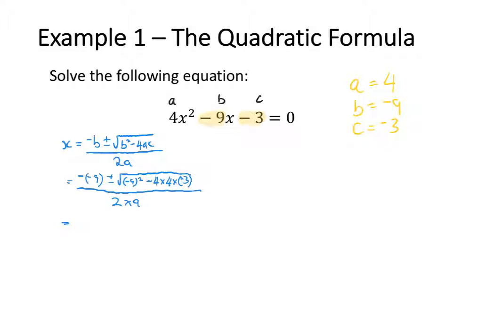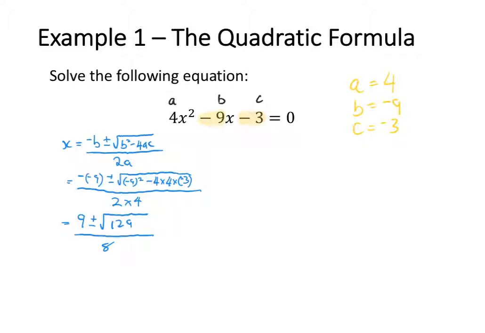So now I need to start calculating these values. So negative 9, two negatives becomes a positive, plus or minus the square root of 129, divided by 2 times 4, which is 8.